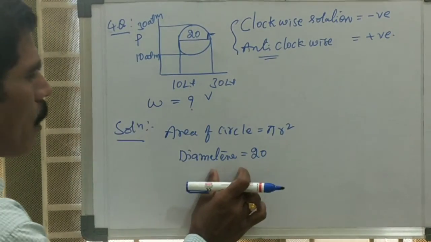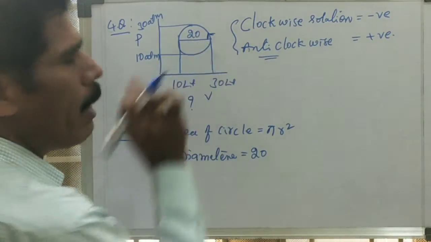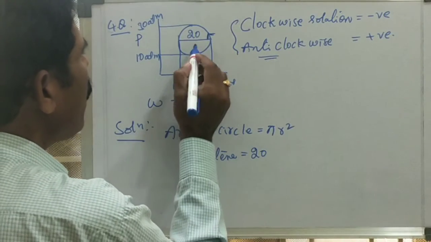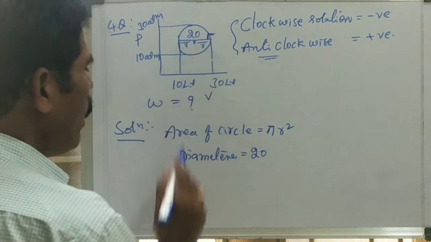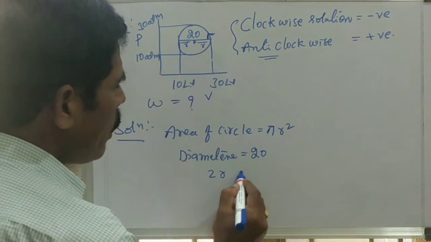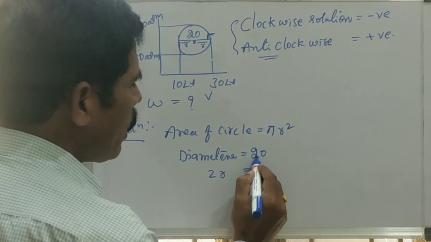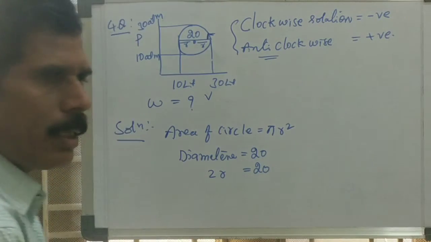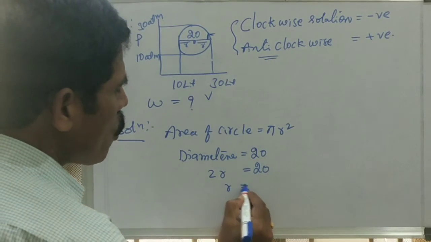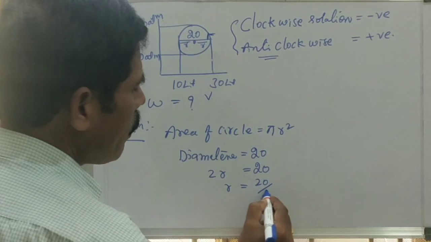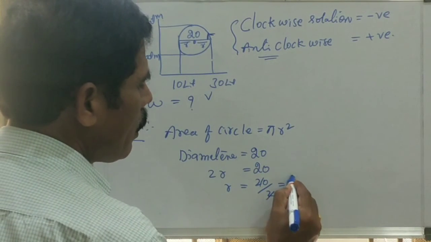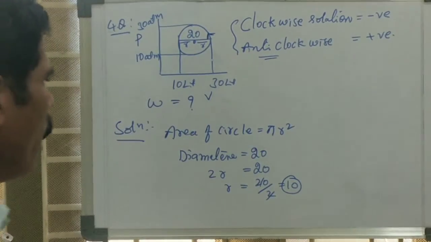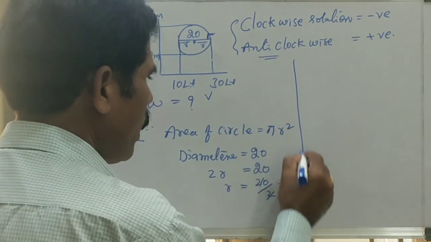Okay, diameter of circle is 20. Diameter is 2r. Then 2r is equal to 20. Then r is equal to 20 divided by 2. So you will get 10. Right? You have to substitute in this.